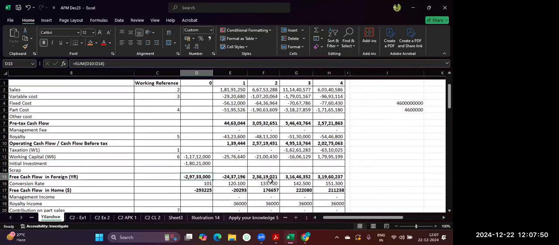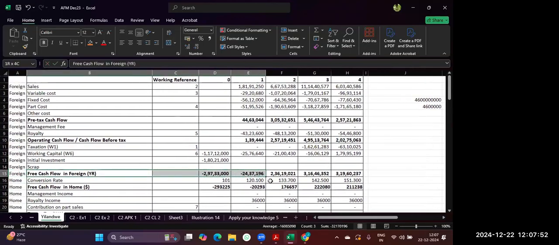Okay. So we are done with the first part, that is calculating the free cash flows in the foreign country. Clear, everyone? Yes. Okay. I'll give you 2 minutes. Please go through this part and then I will move on to the next part of this step.